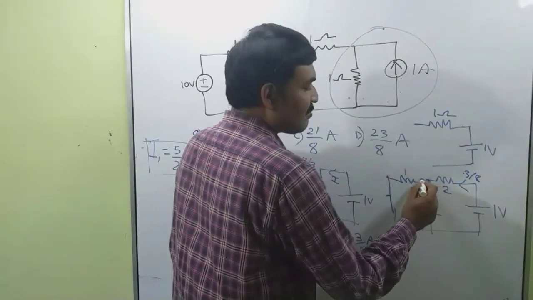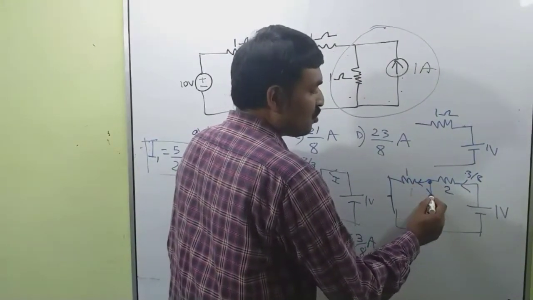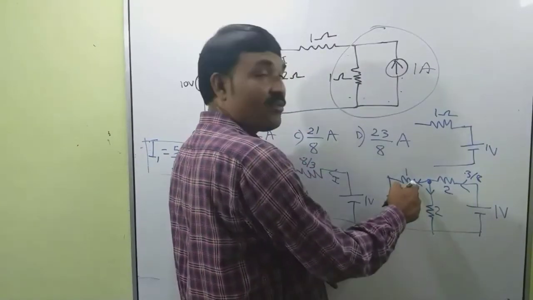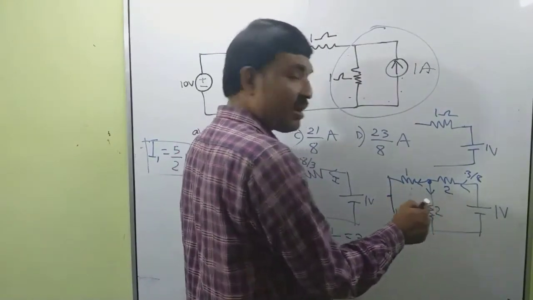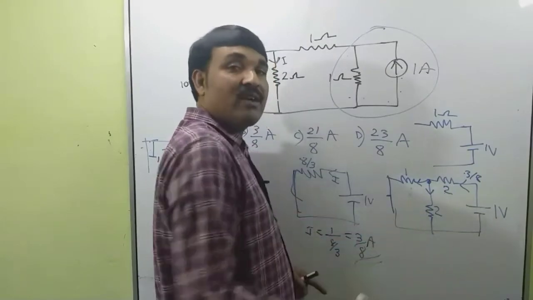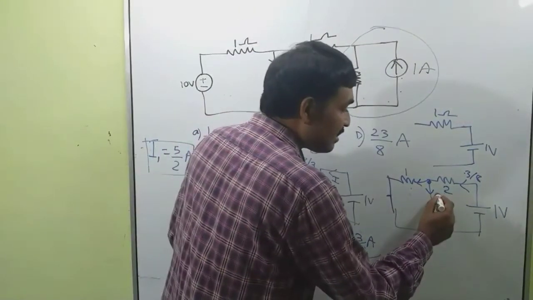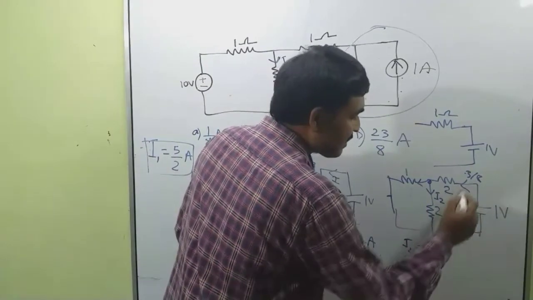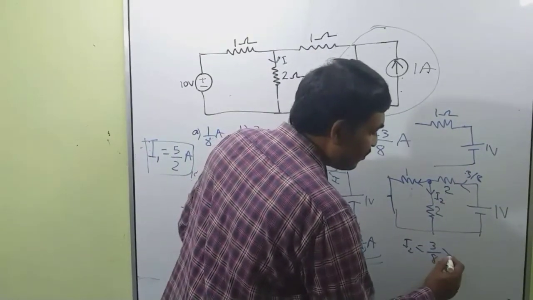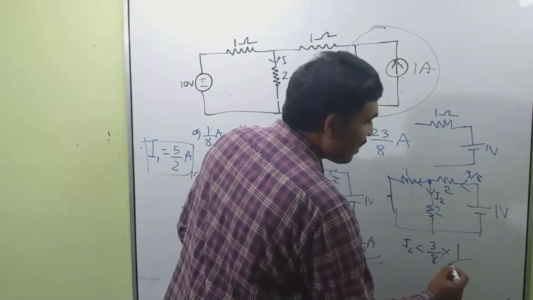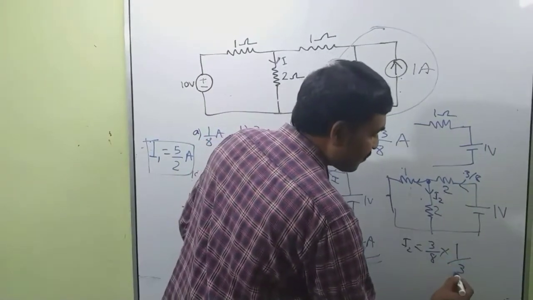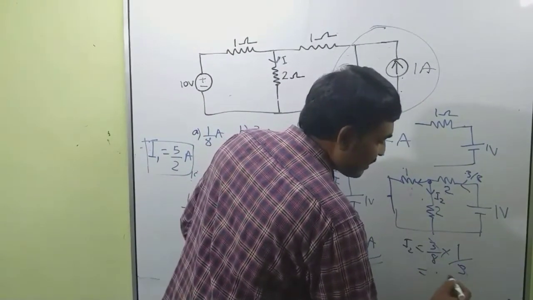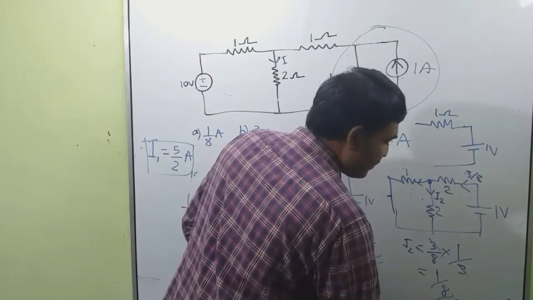And at this node, this 3 by 8 amps is divided into two. One through this branch and one through this branch. We want to find the current through this branch. So we can use the current division rule. Let this current be I2. So I2 is equal to this current 3 by 8 into this resistance 1 divided by the total resistance, that is 3. That is equal to, 3 and 3 get cancelled, 1 by 8.